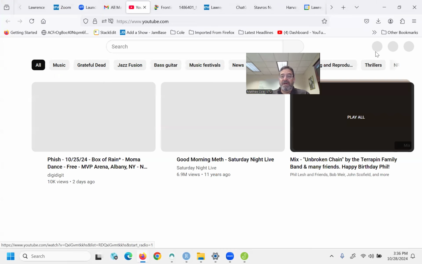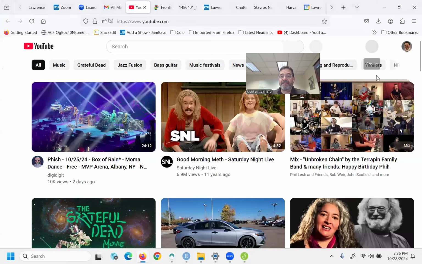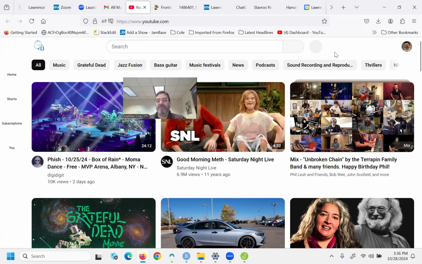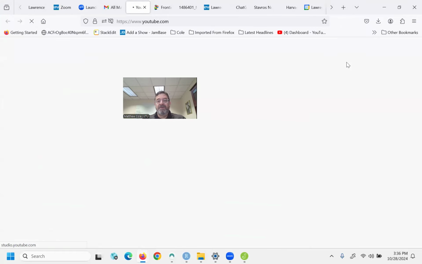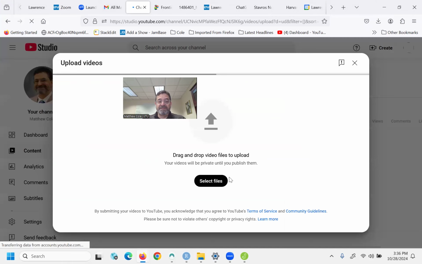And then you can click on create. Another creation is, there's a plus sign right here, and you can upload the video. When you click on upload the video, there's a few parameters you need to select.